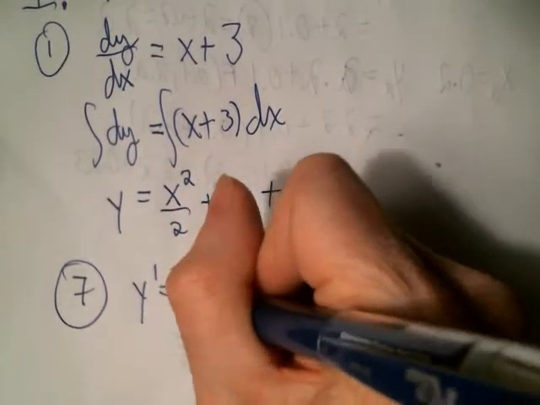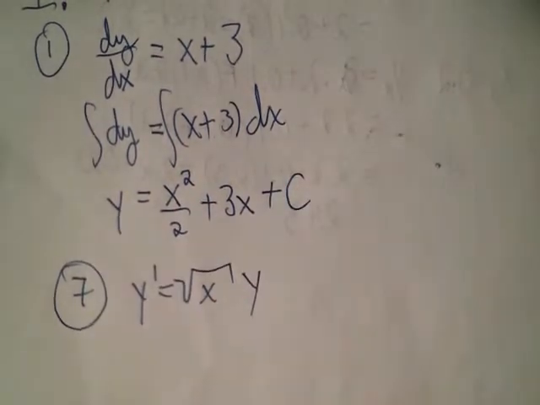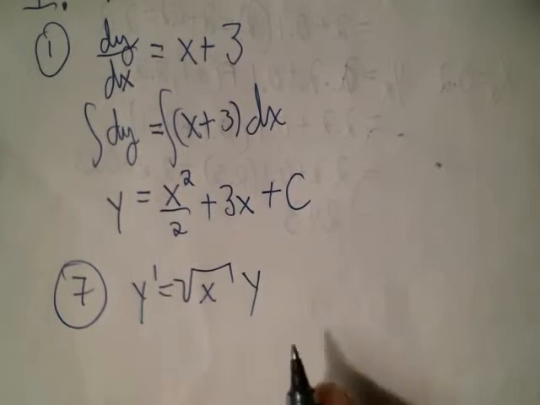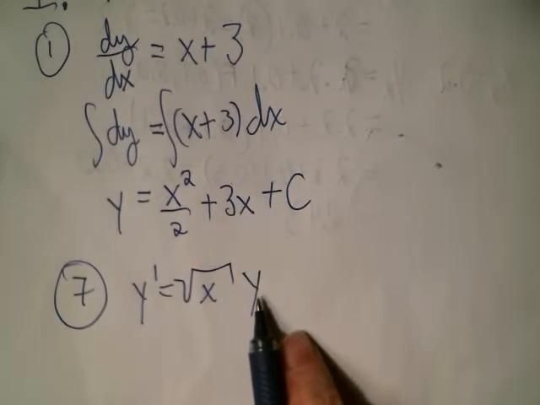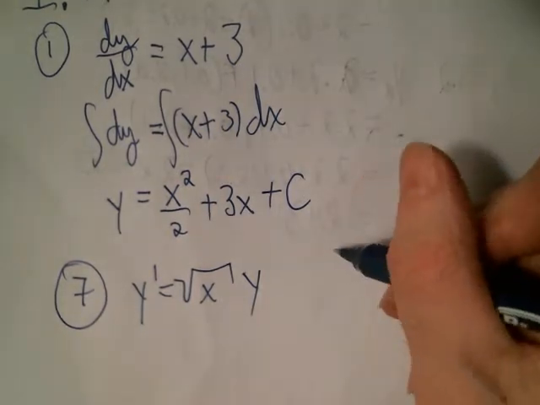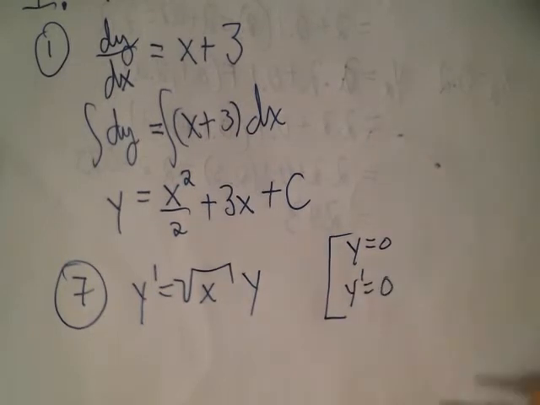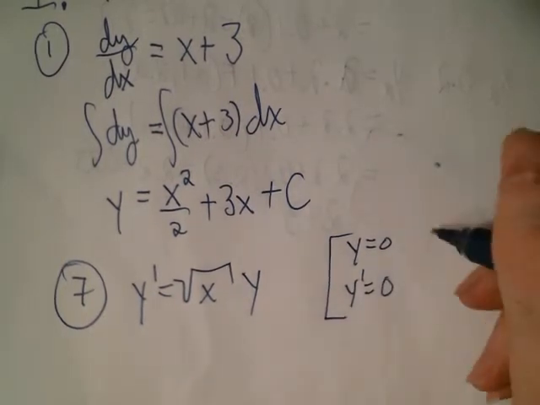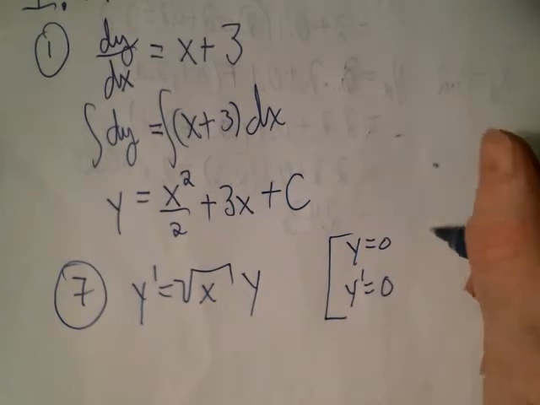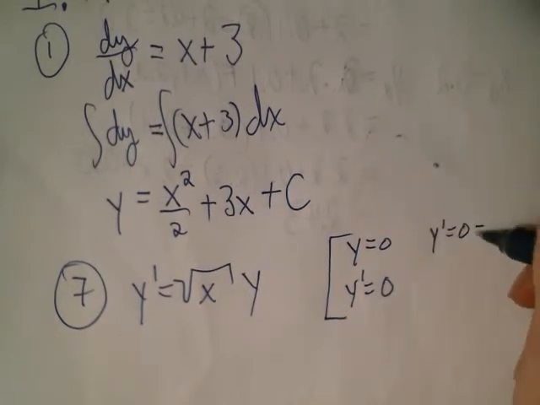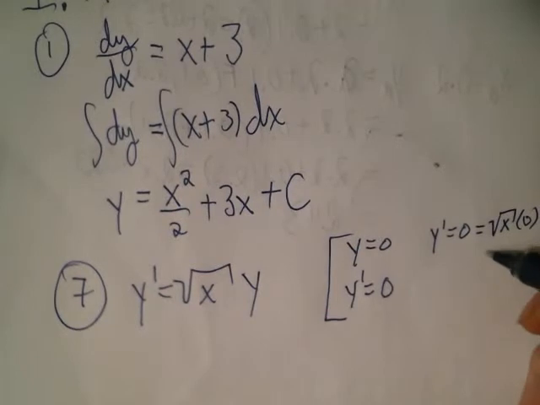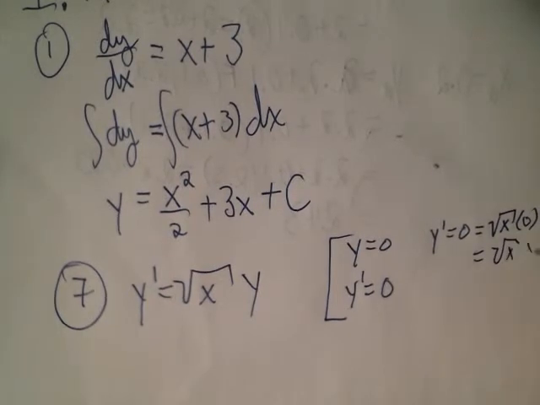y prime is the square root of x times y. One thing to note here is you can have kind of trivial solutions, like y equaling 0 would work here. Note, if y was equal to 0, its derivative would be 0 as well. Then you could plug that in, starting on the left-hand side, y prime equals 0, which equals the square root of x times 0, which equals the square root of x times y.